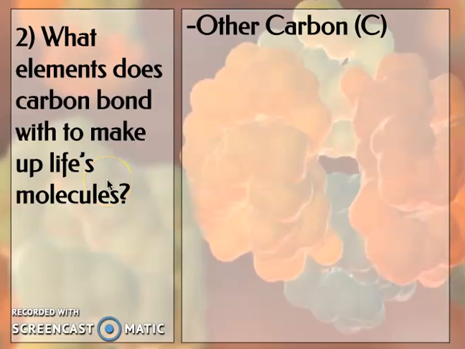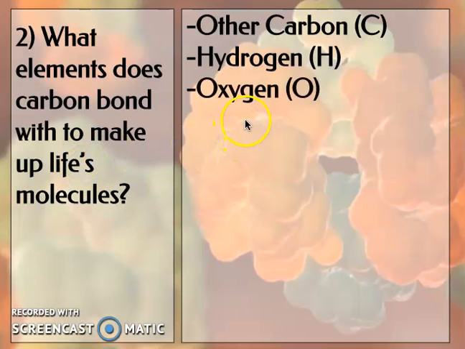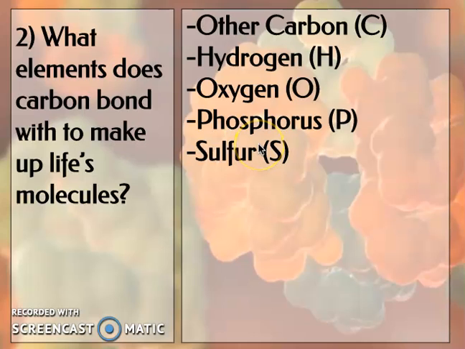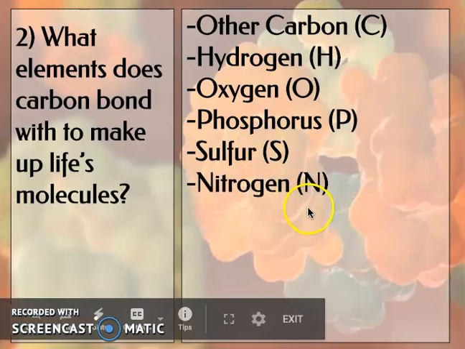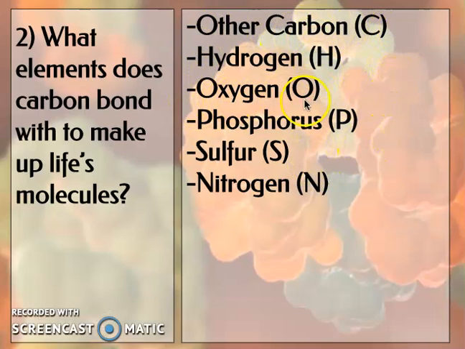Carbon can bind to carbon in these long, long chains, making very complicated molecules. Hydrogen, oxygen, phosphorus, sulfur, and nitrogen are also found in organic molecules. And actually, these first three, carbon, hydrogen, and oxygen, are found in all of life's organic molecules.